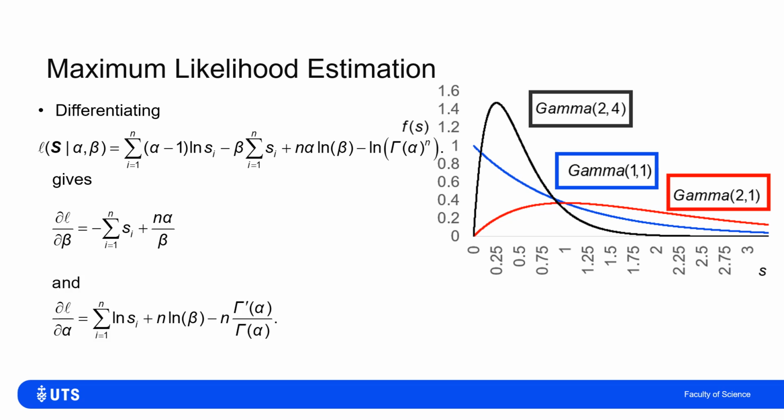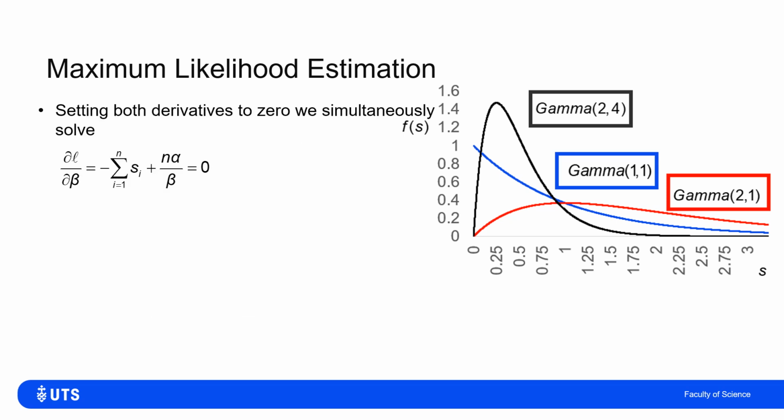Differentiating with respect to alpha is a lot worse. I mean, I can differentiate that. Yep. Setting that to 0 and solving is, of course, the hard part. When I try to plug all of this through, the first part doesn't look so bad. I can write my estimate of beta in terms of alpha, or alpha in terms of beta, because I know that n alpha has to equal beta times the sum of the s's.